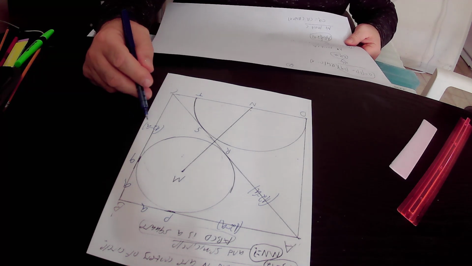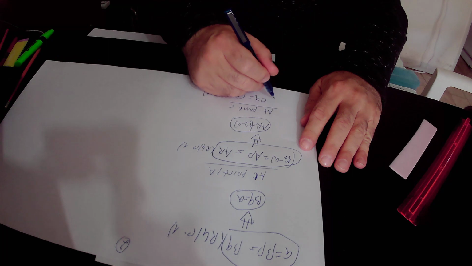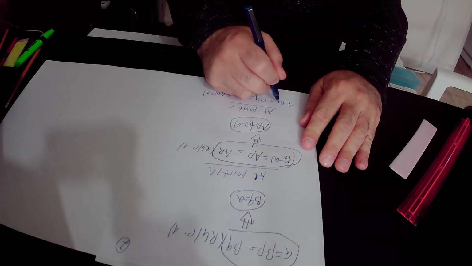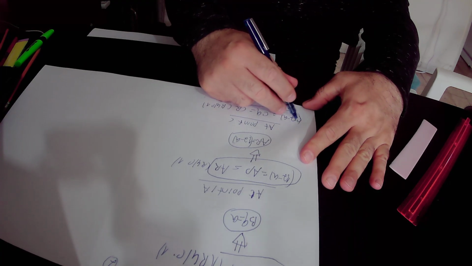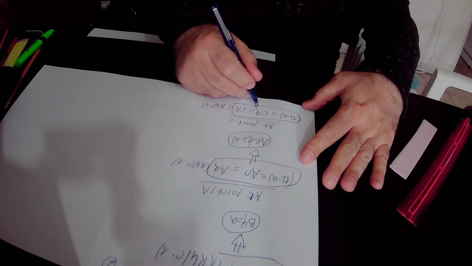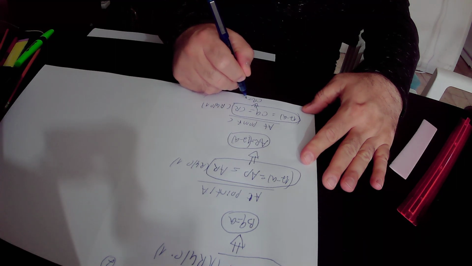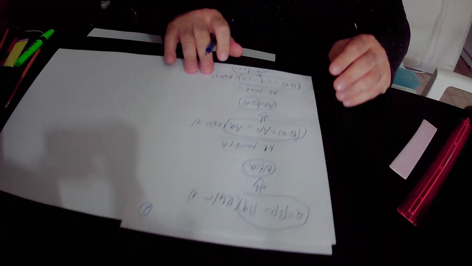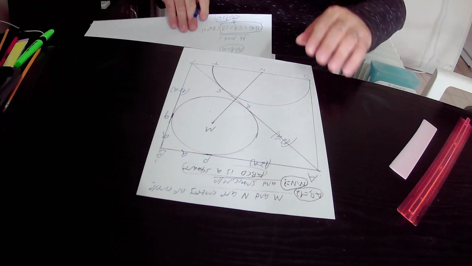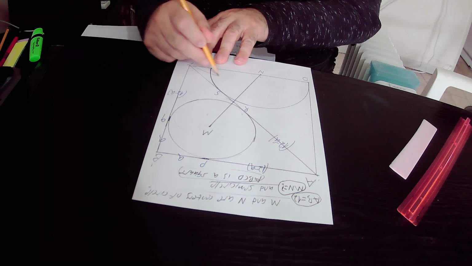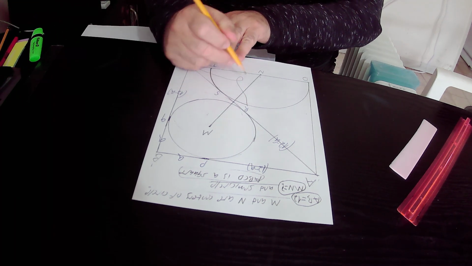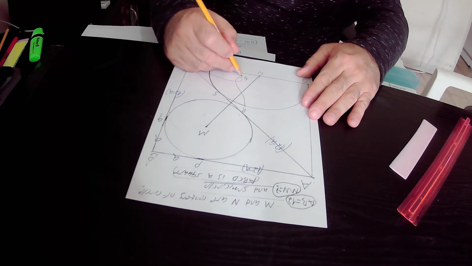But CQ equals 12 minus A. From this equation, 12 minus A equals CQ equals CR, we conclude that CR is also equal to 12 minus A. So we can write here that CR equals 12 minus A. Okay?